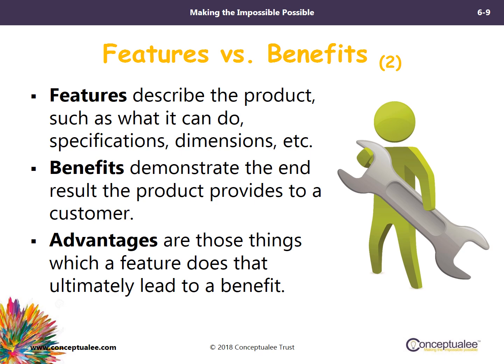An advantage of a particular brand or variety of charcoal is that the better variety might contain a special feature, a certain ingredient or a certain type of processing, so that it can produce higher heat over a long period of time before it burns out, leading to other benefits for the customers. So the advantage that was created by that feature is the higher heat that runs over a longer period of time.